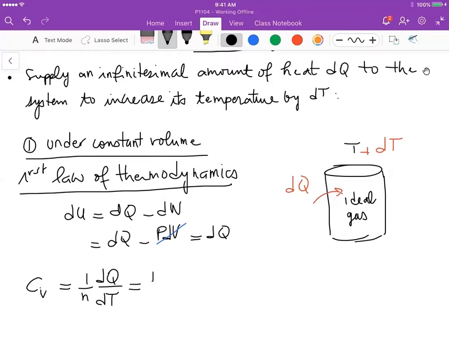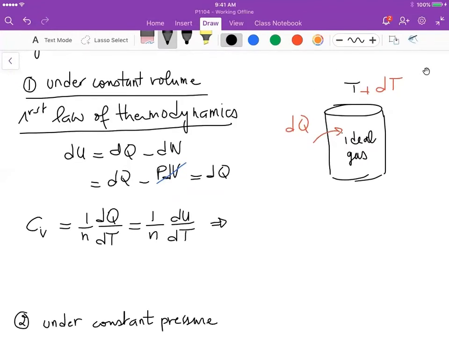But in this case dQ is nothing else than dU, because according to the first law of thermodynamics, since this process is undergone under constant volume, dW is equal to 0, and so we can write dU over dT. From here we can conclude that the change in the internal energy of an ideal gas in a process under constant volume is given by n times CV times dT.